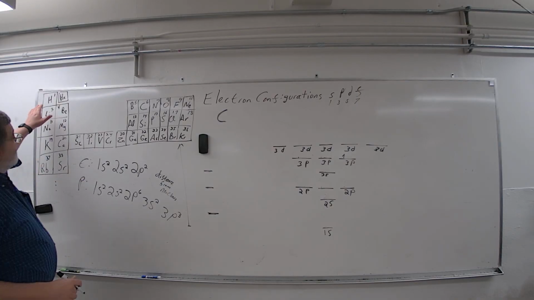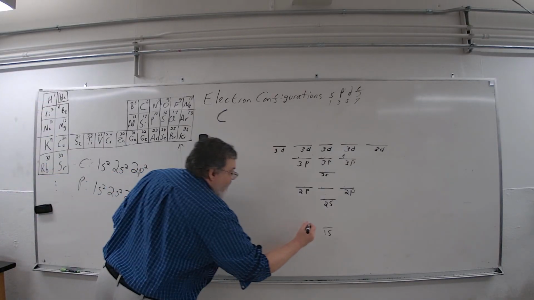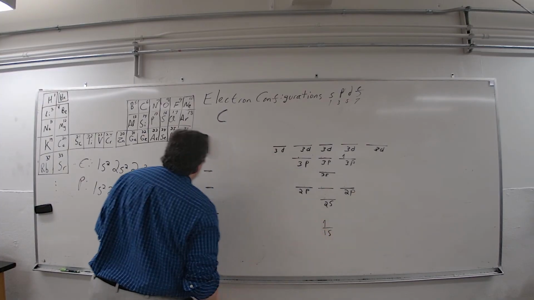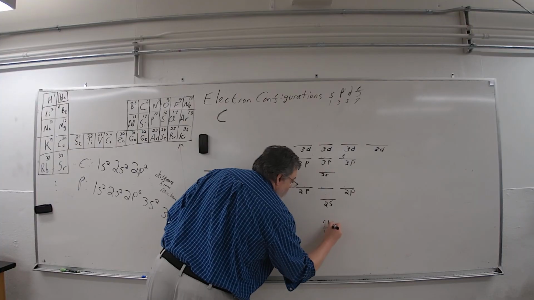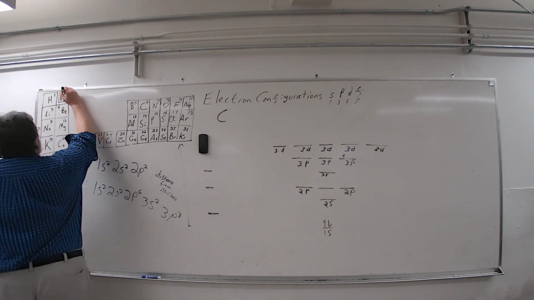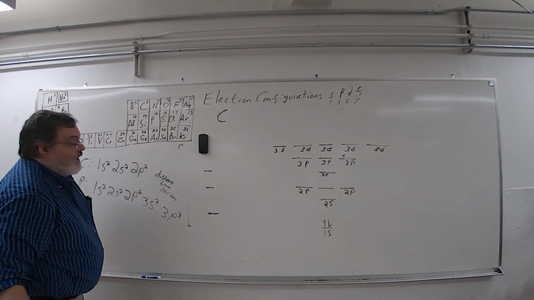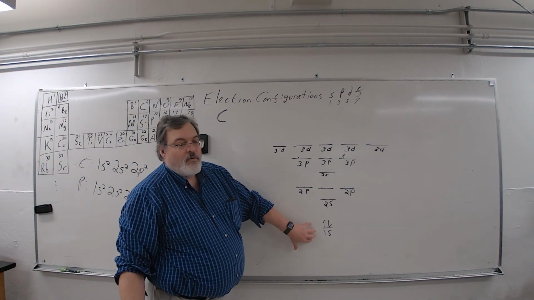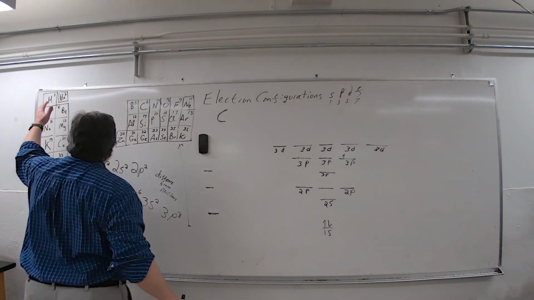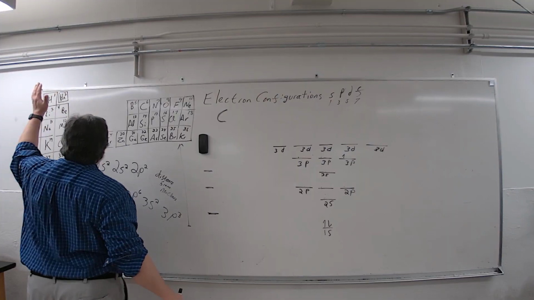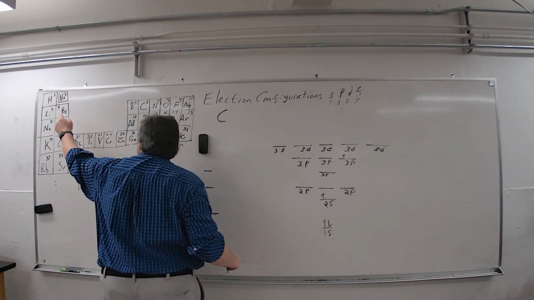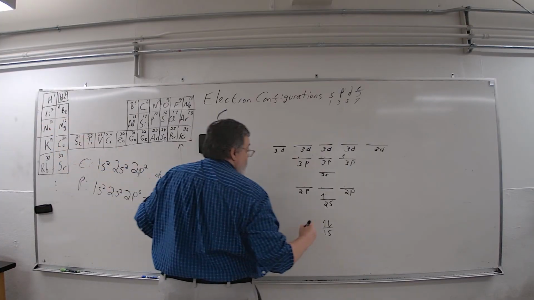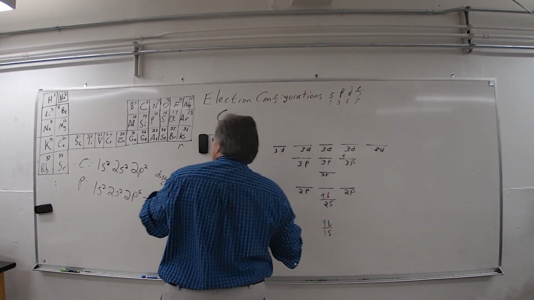If I want the electron configuration of hydrogen, it's that. If I want the electron configuration of helium, it's 1s2. So this is element number 2. And notice I was filling an s orbital. Well, let's say I continue, and I go, okay, I've done 1 and 2, let's do 3. Notice I'm filling an s orbital when I get to lithium, and I'm filling an s orbital when I get to beryllium.